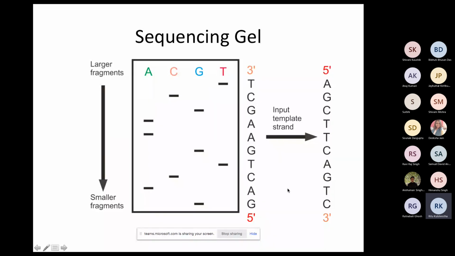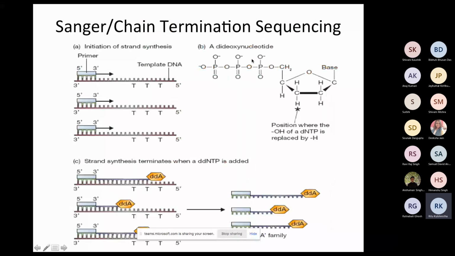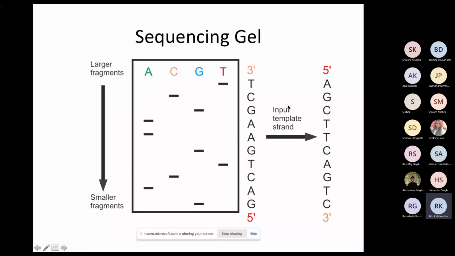Also, there was one problem: because I told you that these ddNTPs that we are adding are radioactively labeled, obviously I had to wear gloves. We had to perform all the reactions in front of a radioactive shield. So everything was difficult.